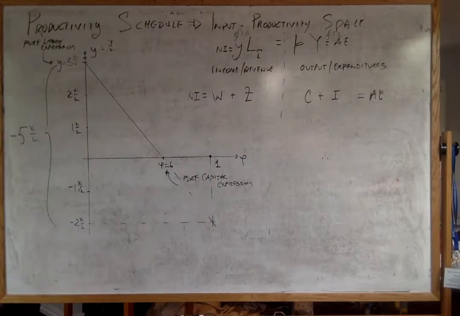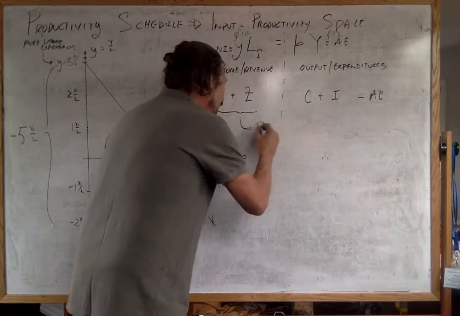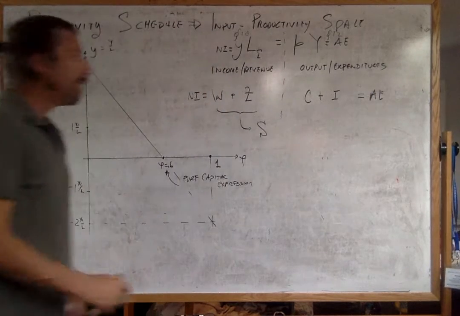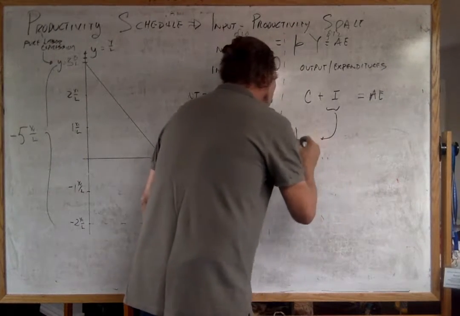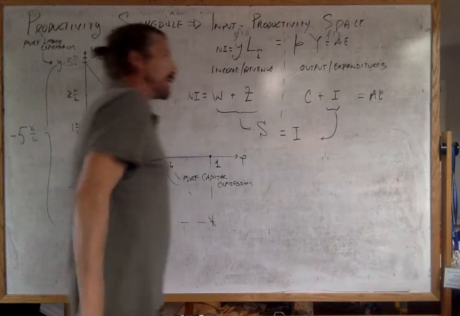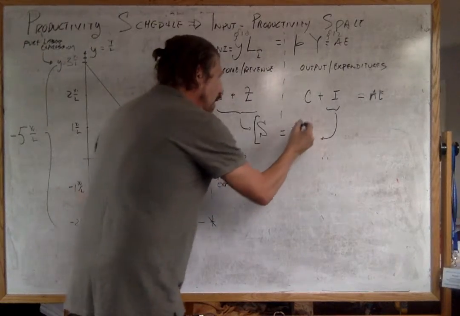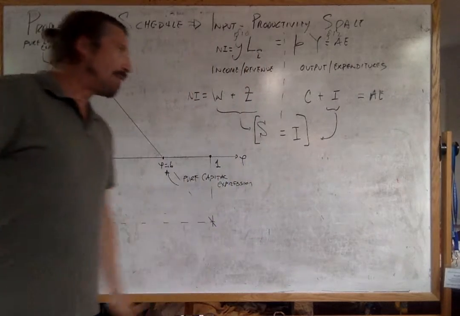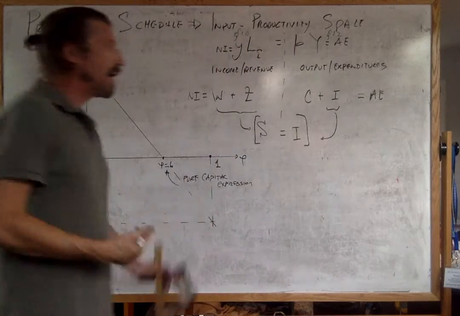And so the question becomes, how do we get our savings, which are drawn on the revenue side, brought into equality with investment on the expenditure side? This then becomes the key for what we call macroeconomic identities, macroeconomic equilibrium, macroeconomic balance.